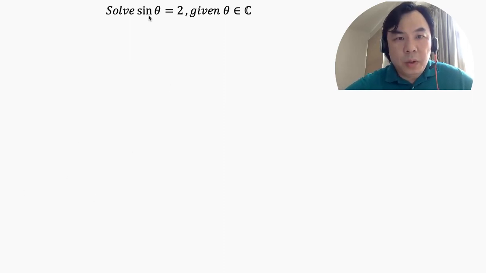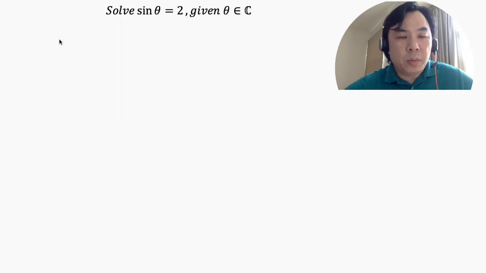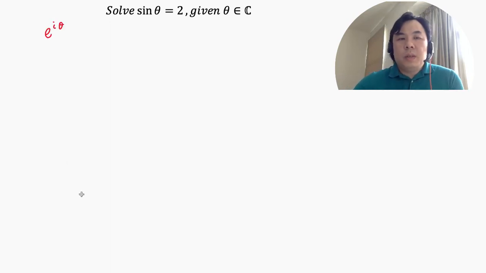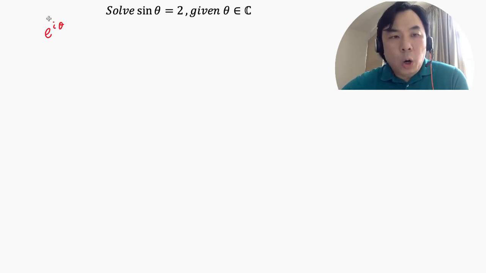Now first of all, in order to solve this, knowing that theta is some complex number, we have to make use of De Moivre's theorem here. Based on De Moivre's theorem, we can say that it can be written in Euler's form.